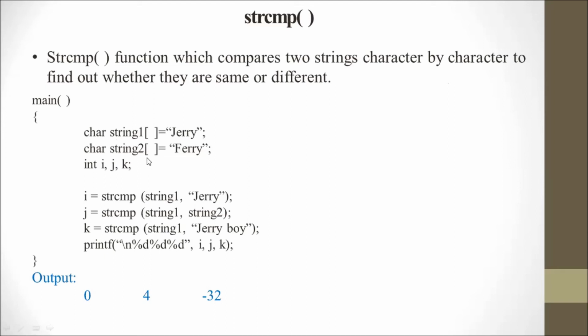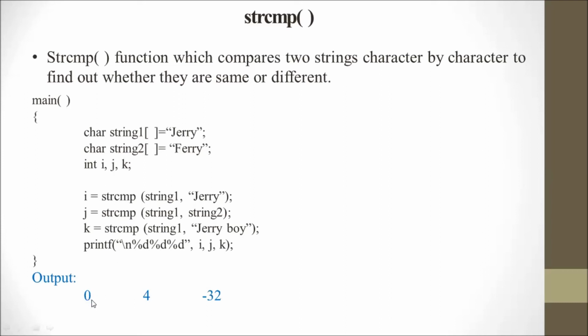These are the two strings, Jerry and Ferry, and we take three variables I, J, and K. The first string is Jerry, the second string is Ferry, and for the third, we assign the K variable to compare string 1 with Jerry boy. Then we print I, J, and K. This will compare the strings.